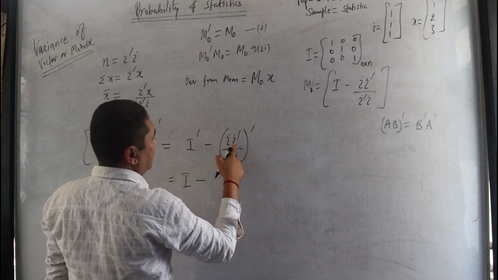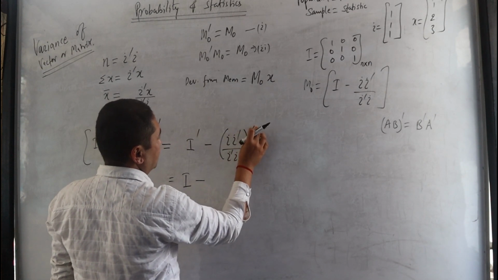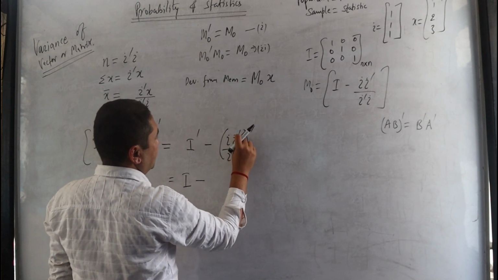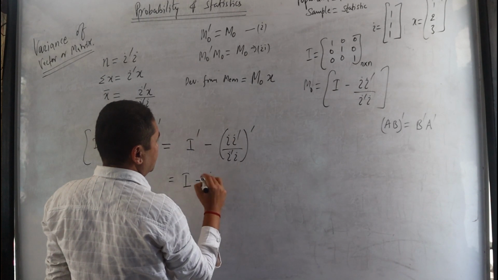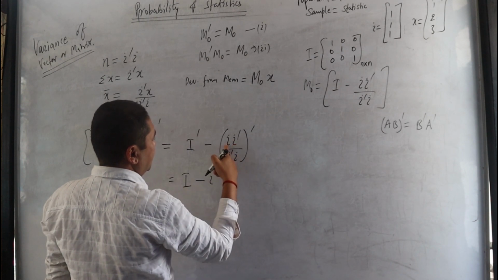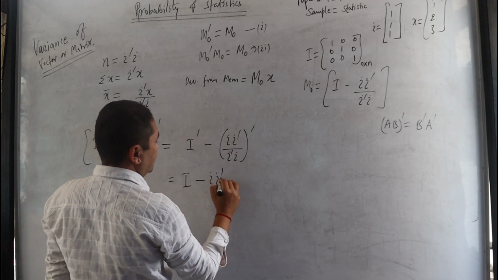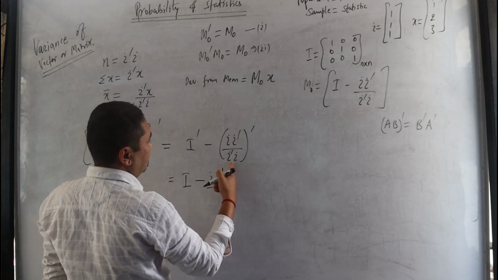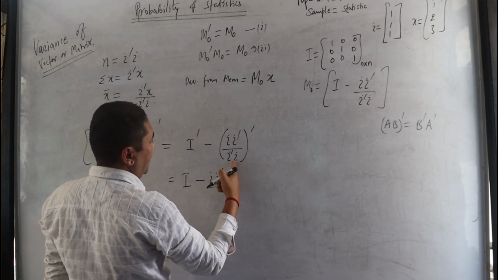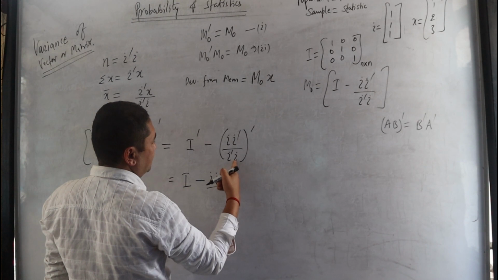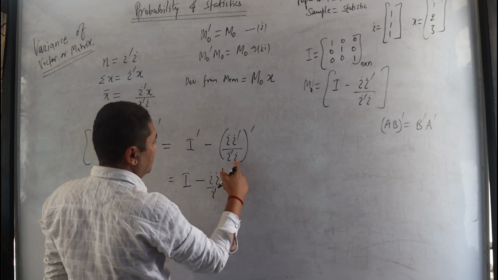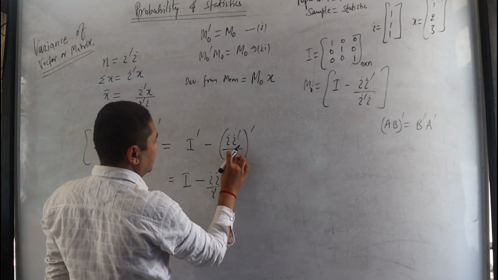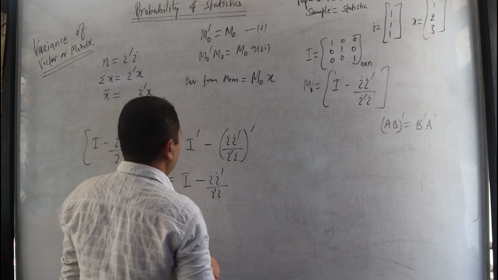Minus, let us apply this rule to the second term. First of all, AB and its transpose is equal to B transpose A transpose. So the transpose of the transpose is the original vector itself, and then we get I transpose divided by, if we apply the same property here, the transpose of I transpose I is I transpose times I, so the transpose of the transpose gives the original vector itself.